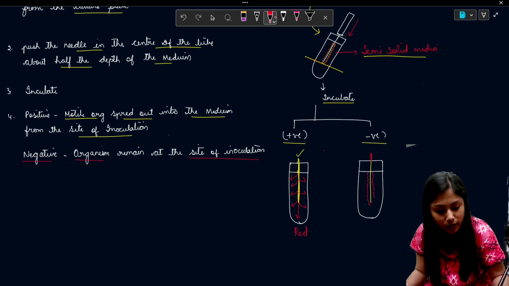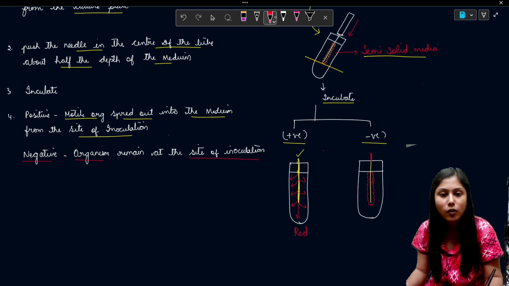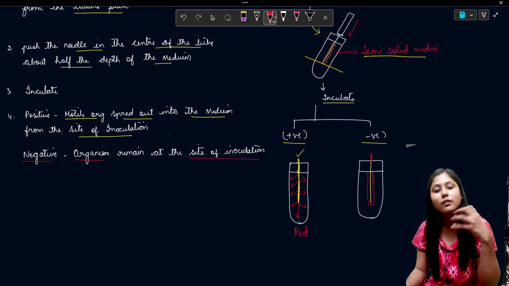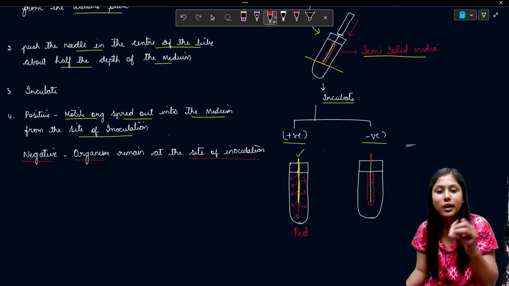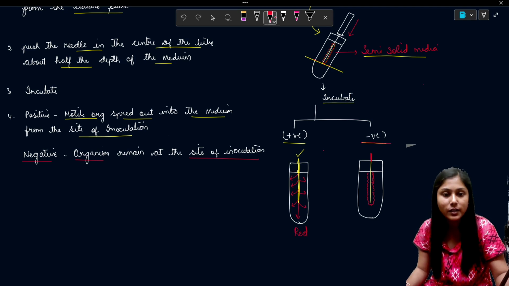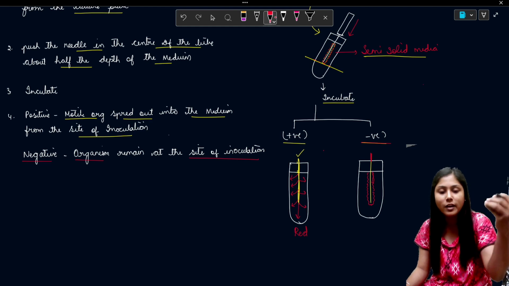They will not spread. Simple as that. So what happens in a positive result? The bacterial growth will be seen in the whole test tube because the bacteria is motile and moving into every corner of the test tube. If the bacteria is non-motile, we cannot see growth in the whole test tube, but only where we have inserted the needle. Because they are non-motile, they grow only wherever we have pushed the needle inside.